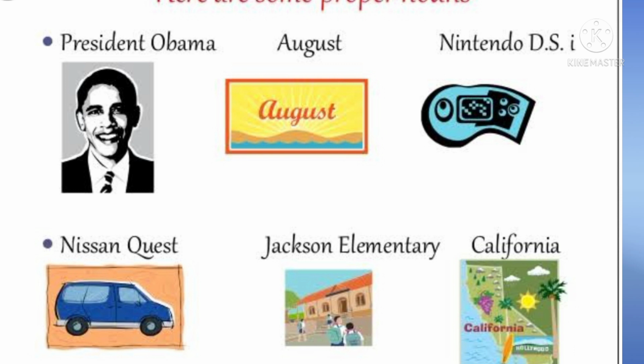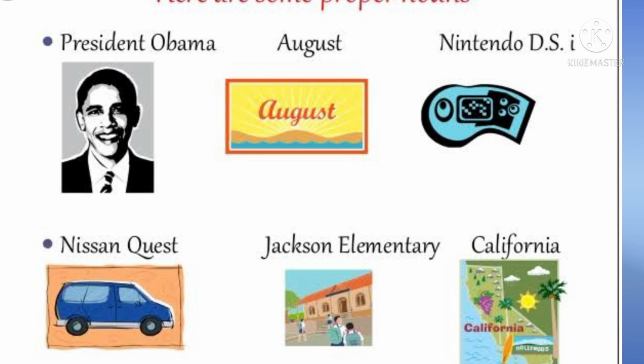When I tell you President Obama, I think the picture of President Obama, the former president of America, has already reached your mind. It refers to a single person. He has a unique identity. The next example is August. August is a month in the year, and it also refers to a single month. There is only one month called August.